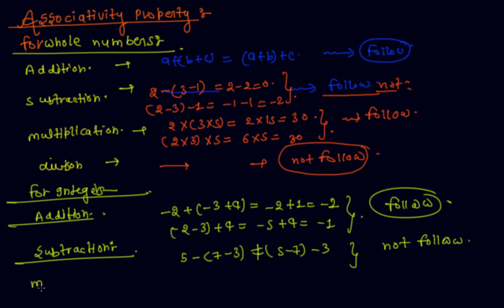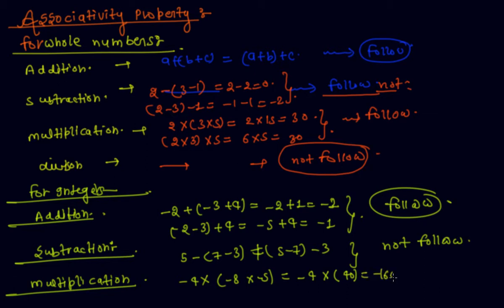Now in the case of multiplication, if I take minus 4 into (minus 8 into minus 5), the answer is minus 4 into 40, which is equal to minus 160.